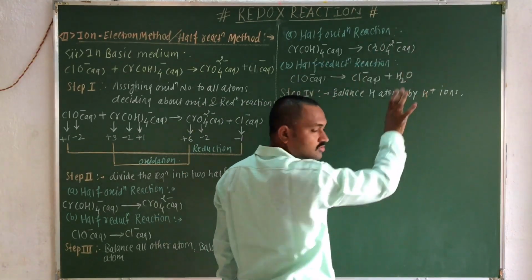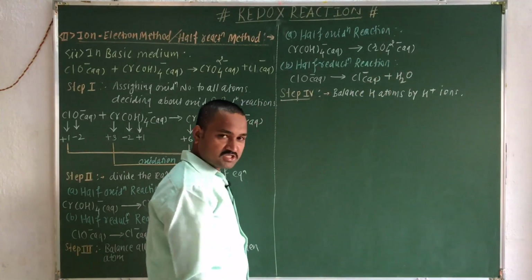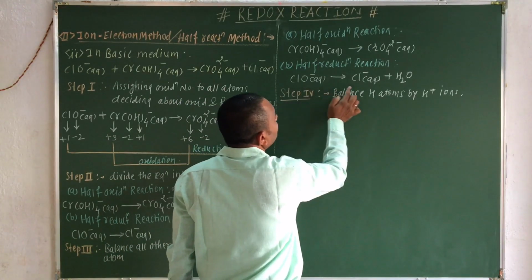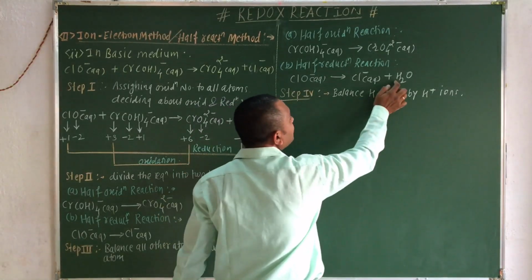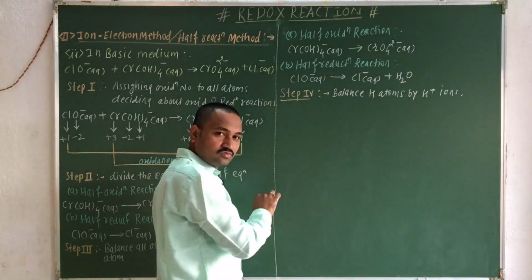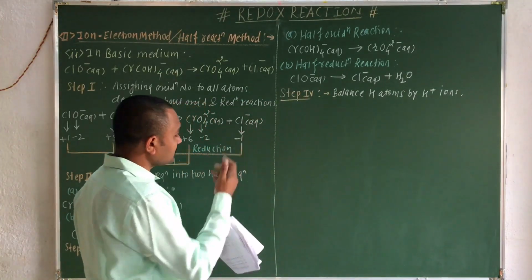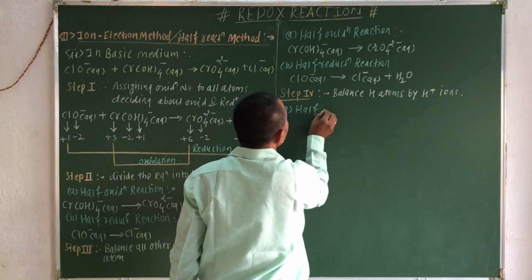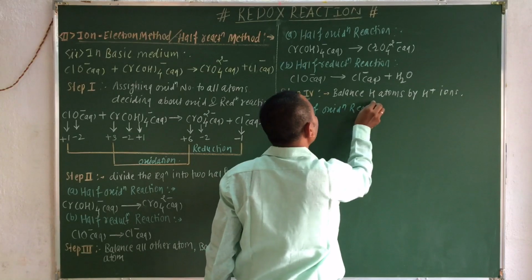Now here there is no hydrogen atom, so we have to add hydrogen atoms in the half oxidation reaction. How much? You can decide it. Now here on the right hand side of your half reduction reaction, there are 2 hydrogen atoms, so we have to add 2 H plus protons on the left hand side of this reaction. So let us modify that equation again, that is half oxidation reaction.